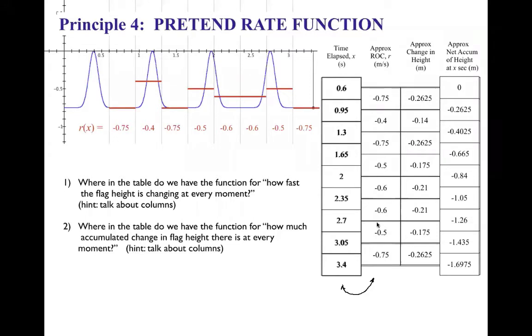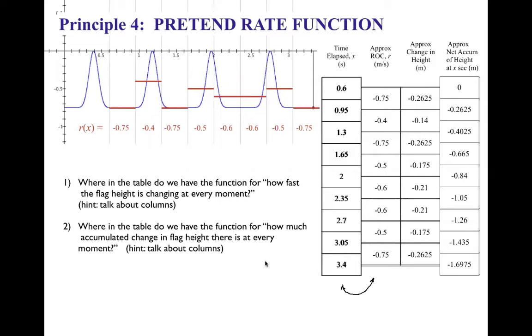So the first two columns are how fast the flag is changing every moment, right? And that came from our exact rate function. And then where in the table do we have how much accumulated change in flag height there is at every moment? Which column or columns in the table would give us that function?